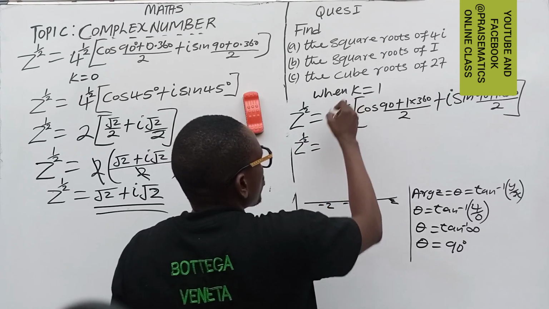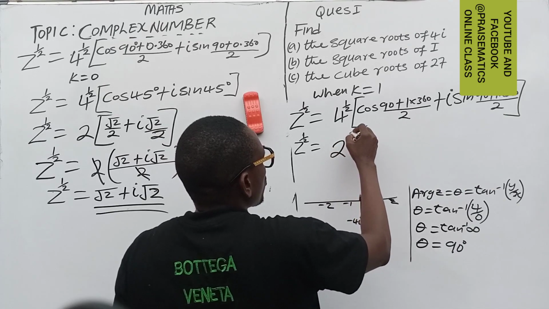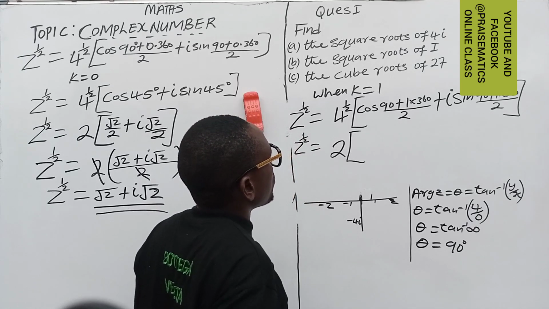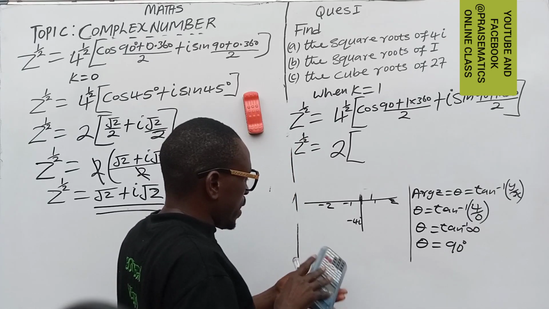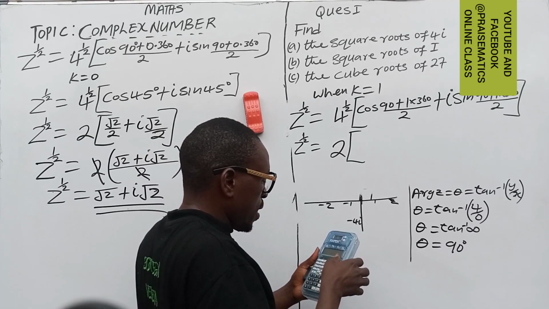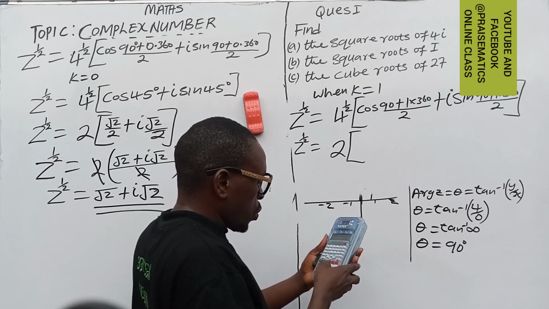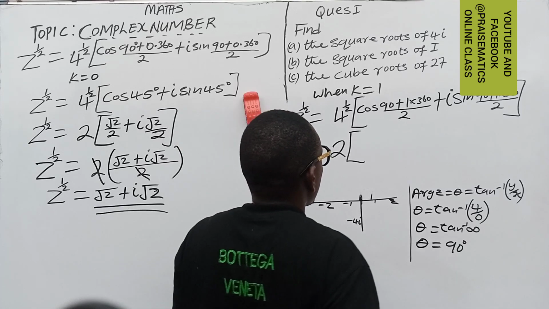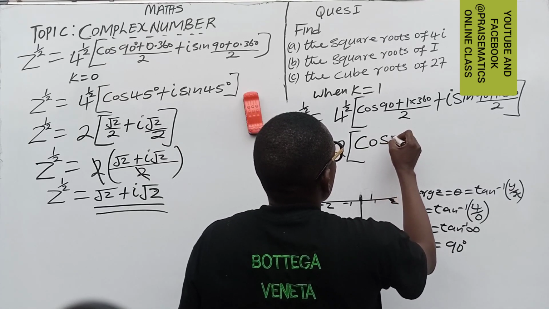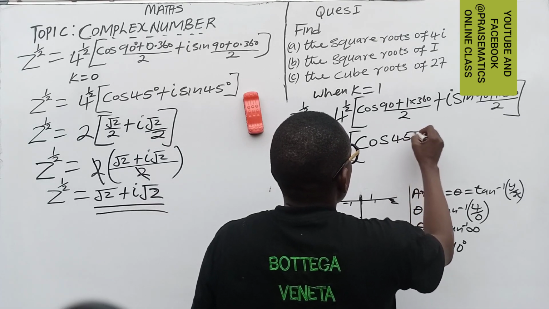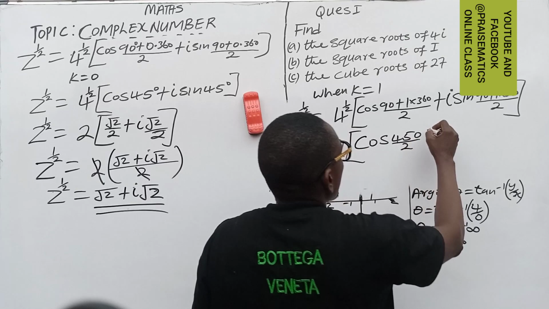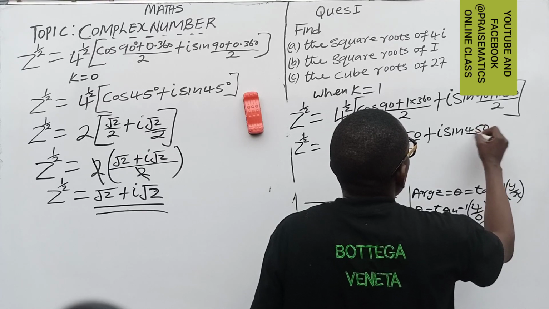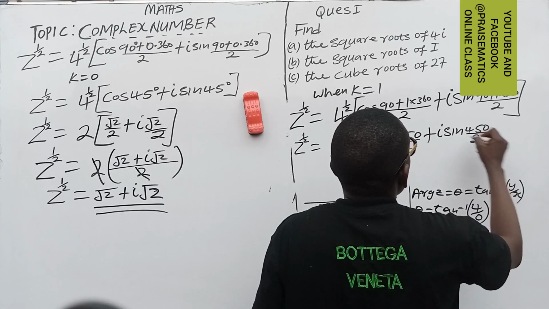Using the laws of indices, we have 2 into cos of 90 plus 360, which is 450, so we have cos of 450 over 2 plus i sine of 450 over 2. This is in degrees.